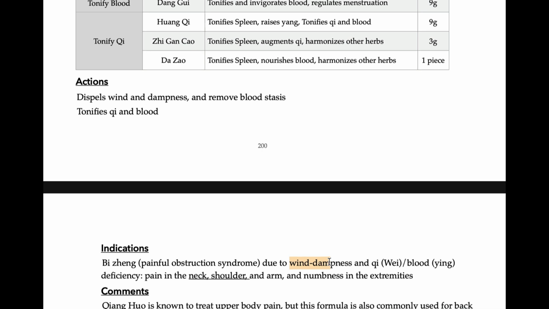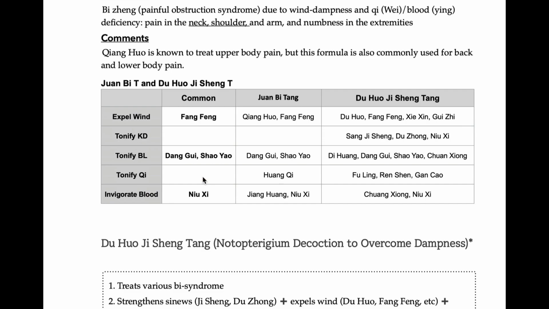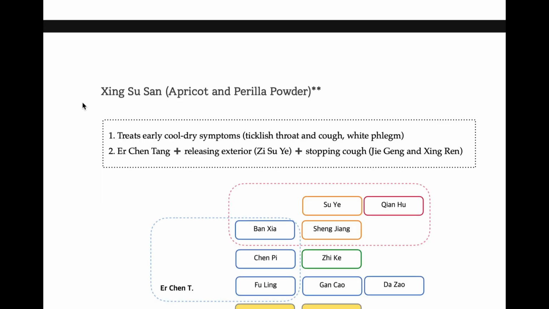There's Juanbitang. But you also need to remember it has huangqi, so it tonifies qi too. Then Xingsusan is also based on Erchentang, but this is for dryness. And usually the examination gives you a ticklish throat. Not literally just ticklish, but they can describe it in many different ways, right? Ticklish.